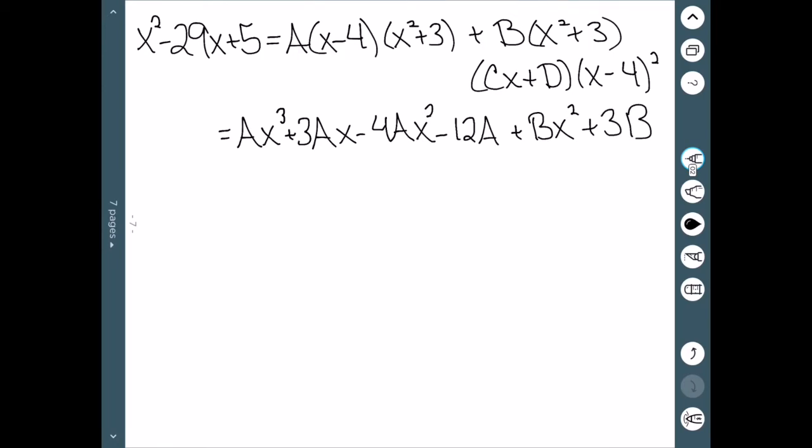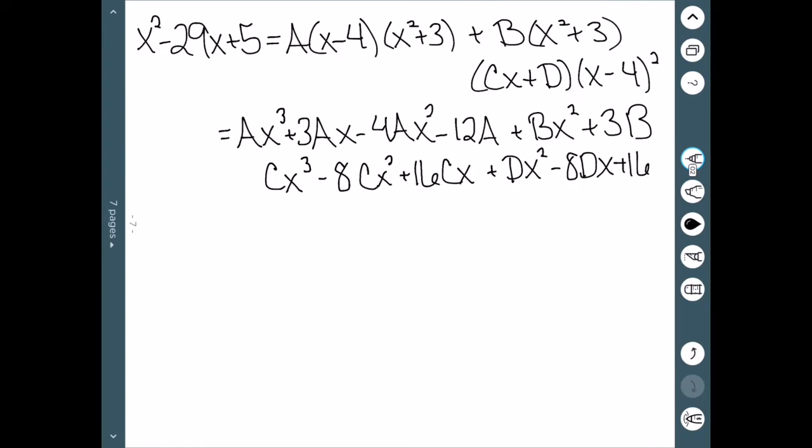And then the last term is a little more difficult because we do need to FOIL everything out. We will end up with cx cubed minus 8cx squared plus 16cx plus dx squared minus 8dx plus 16d.